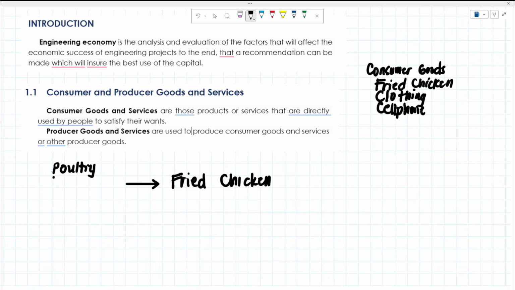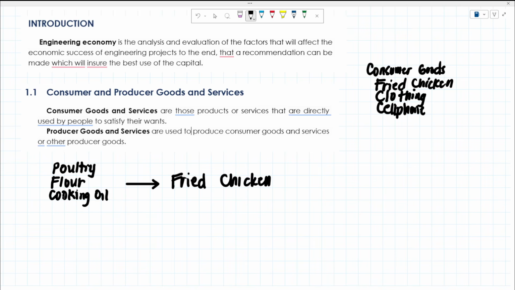Yung flour, yung harina na ginagamit sa pang fry sa kanya. Yung cooking oil. And no other ingredients that may be crucial in cooking or providing a fried chicken per se.